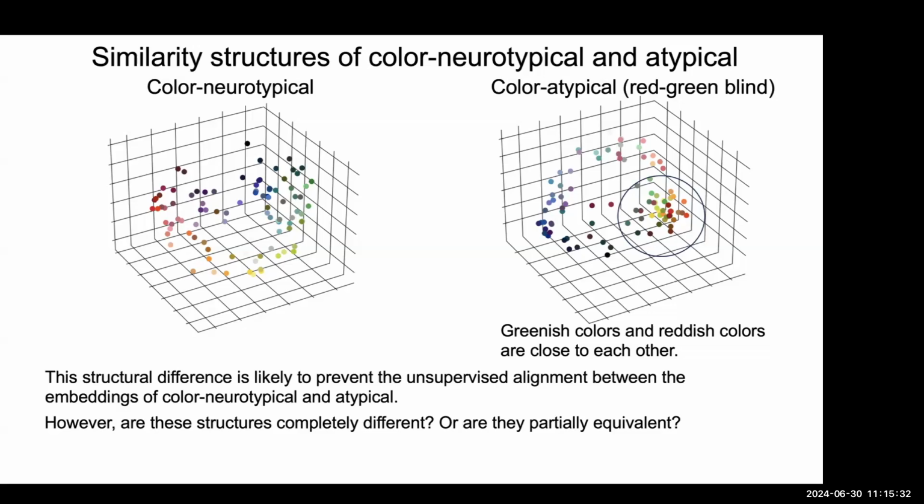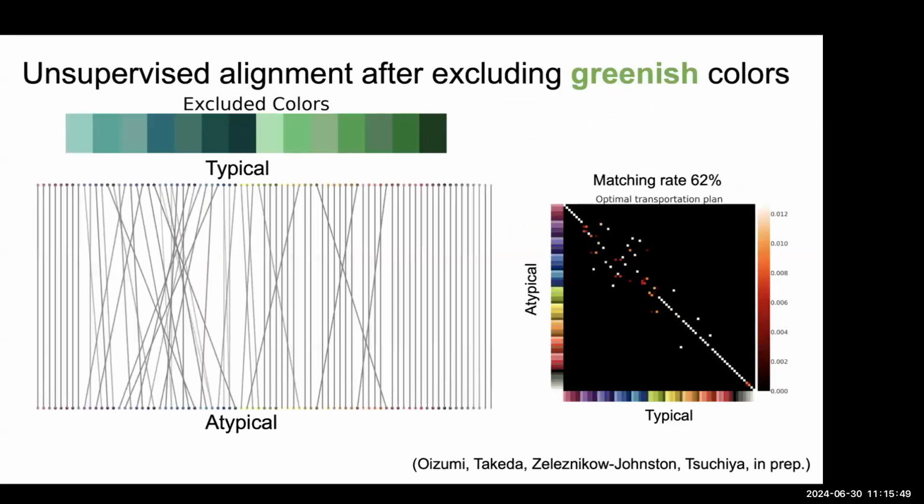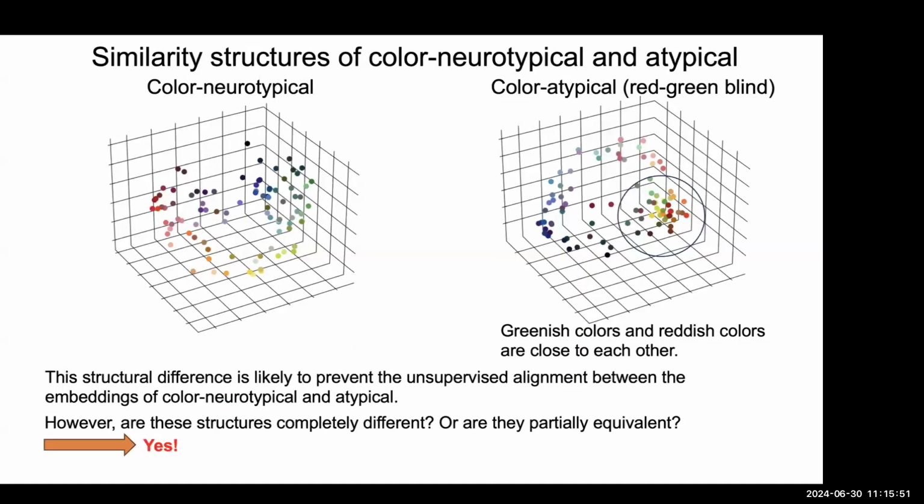But the interesting question is: are these structures completely different, or are they partially equivalent? I tried to assess this question and found that yes, there seems to be a partially matching structure even between color neurotypical and atypical participants.